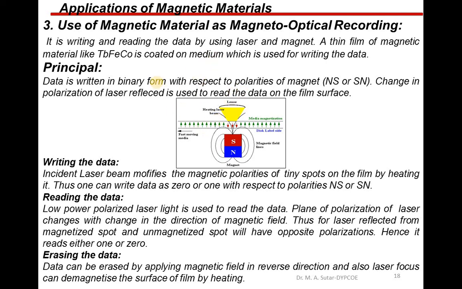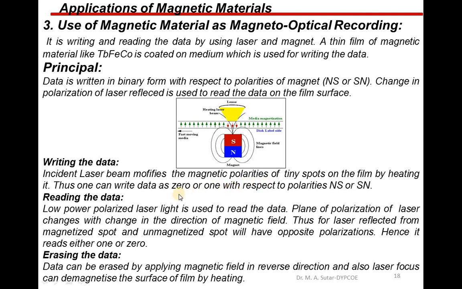So by making use of this laser light, we can use this particular magneto-optical recording process. Again, we can have this particular writing of the data by using a laser beam. It modifies the magnetic polarities so that the writing is made possible.